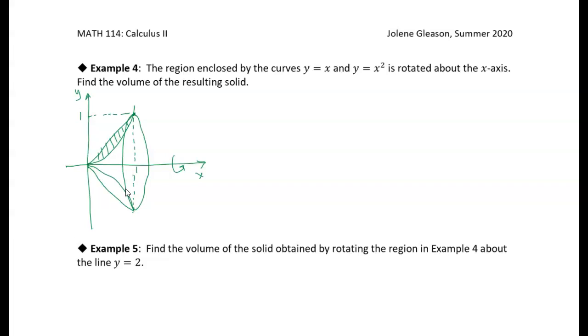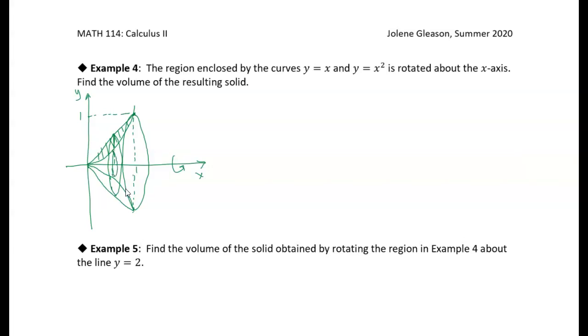So let's draw one disk of what this is going to look like here. Let's take a disk at this point right here. And so there's the outside of the disk, but then it's hollow in the middle, right? So the inside of the disk, the center, is open.